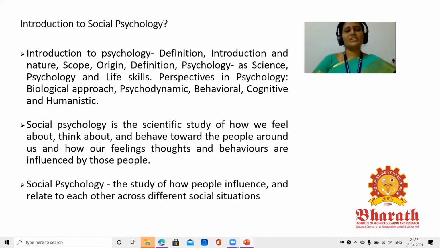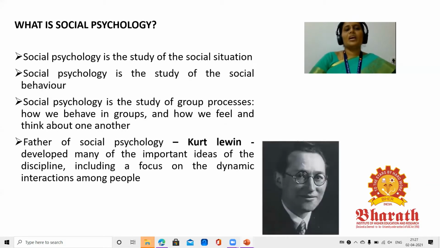This particular subject studies how we behave in a society with other people and how others' behavior influences our behavior. So social psychology is a study of how people influence and relate to each other across different social situations. There are also some other definitions I have given here.